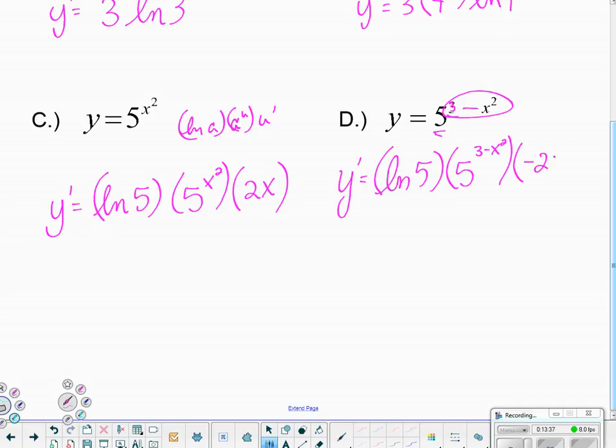So just a negative 2x, it looks like. Okay, I don't want this to look like subtraction, so I'm going to bring my negative way out front: negative 2x natural log 5 times 5 to the 3 minus x squared. They're pretty easy patterns. Takes a little bit of memorizing, of course, but that's how to do them.